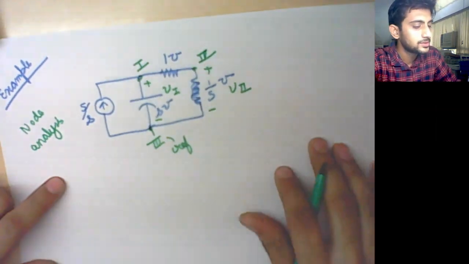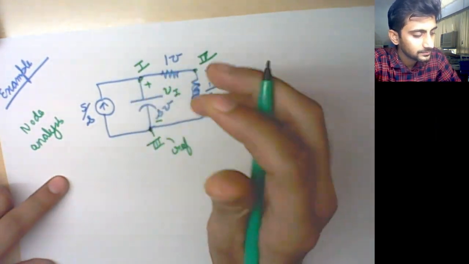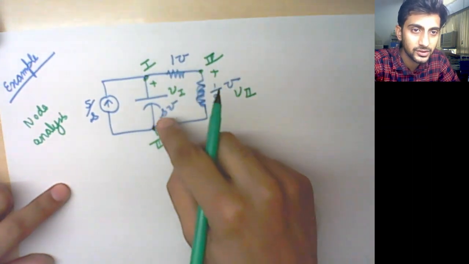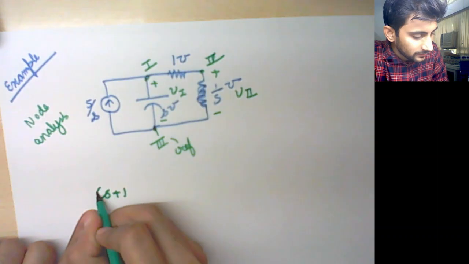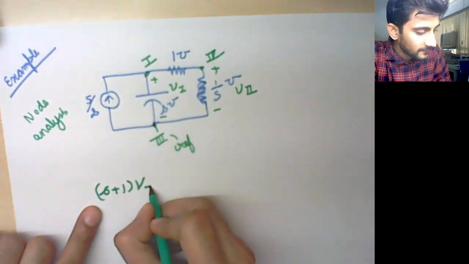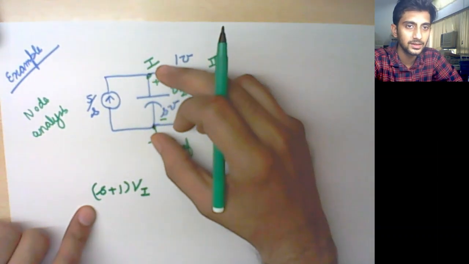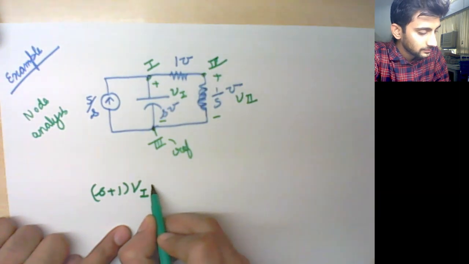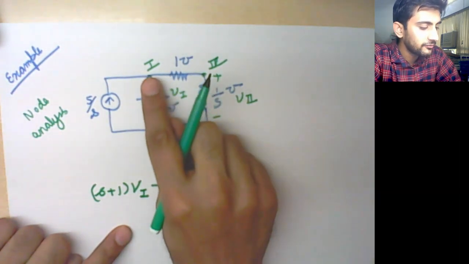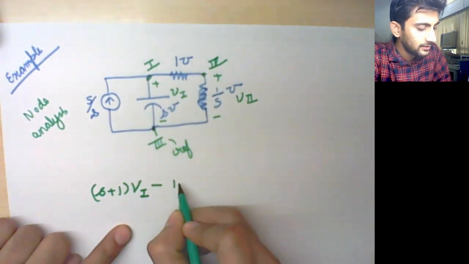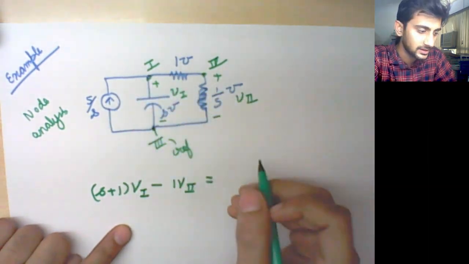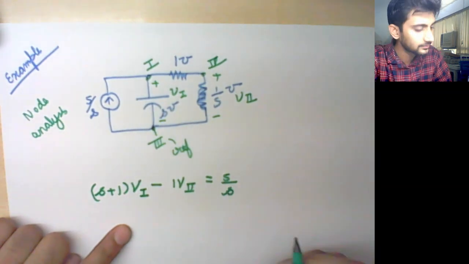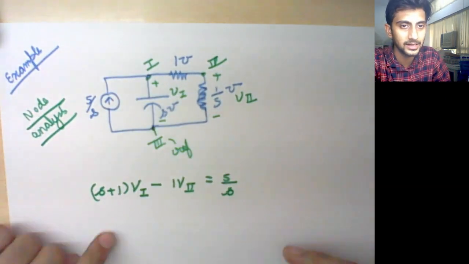At node 1, you first take the sum of admittances, which is S plus 1. So you have (S plus 1) V first, minus the common admittance between first and second, which is 1, times V second, is equal to the current coming into node first, 5 by S. So I've applied node analysis.